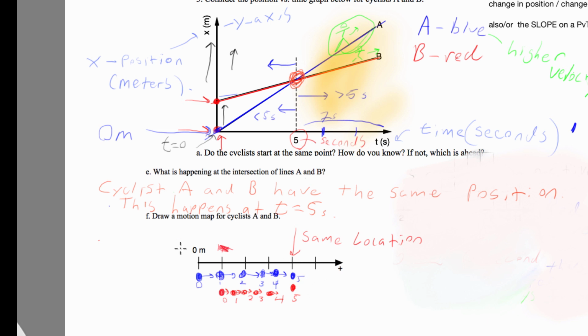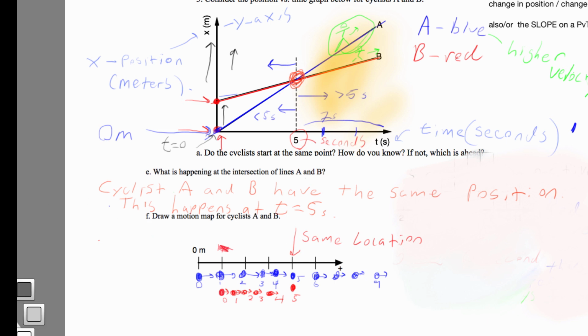And then after that, I can put some dots after here, showing that the blue, I'm just going to space them kind of far apart. So this would be second 6, second 7, second 8, second 9.